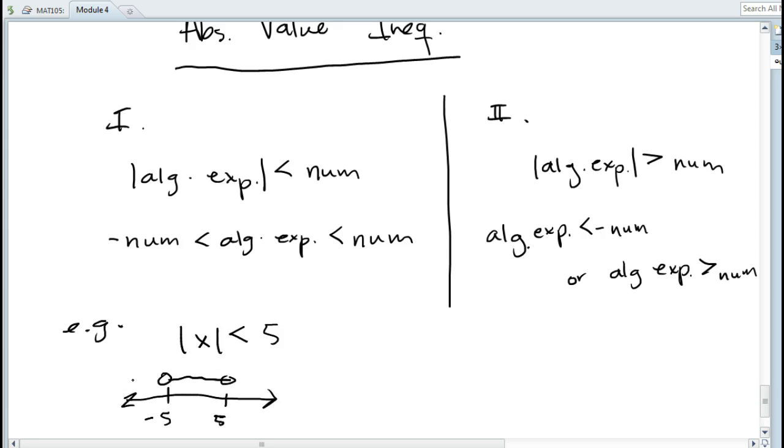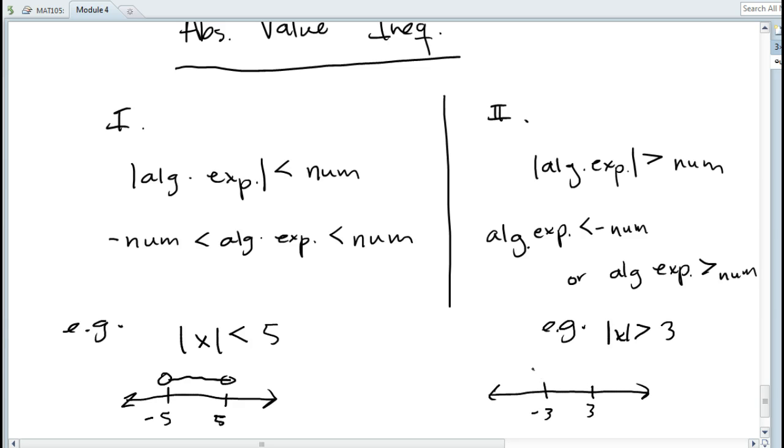Why is that? Well, pick something over here to the left. X equals negative 6. When you take the absolute value, it's positive 6, which is too big. And same with anything over here. Think about the absolute value of x being bigger than, say, positive 3. Well, the only way the absolute value is going to be bigger than positive 3 is if it's the other part. So you have negative 3 to 3.